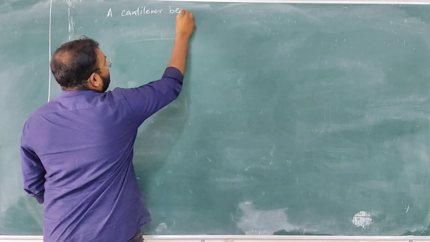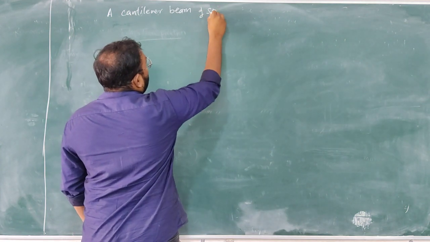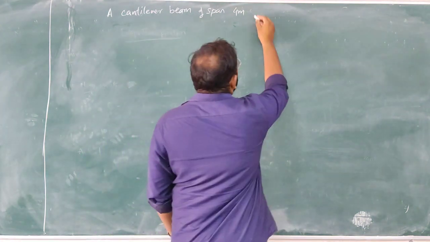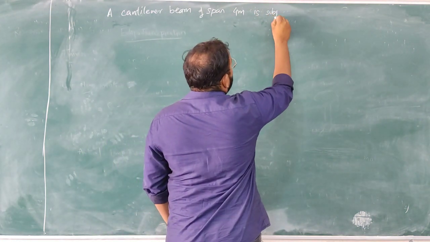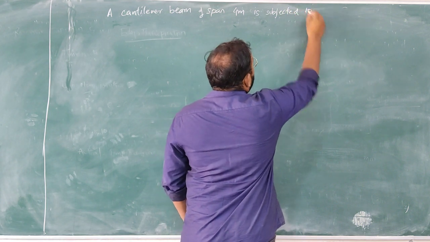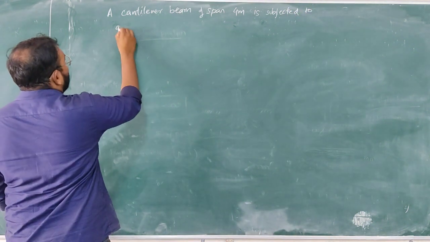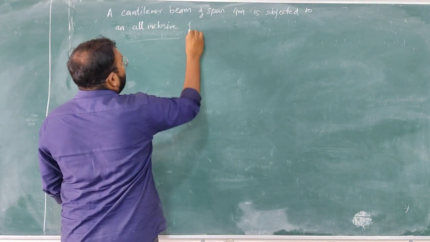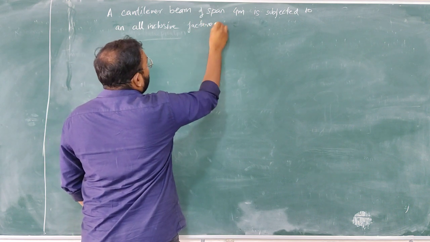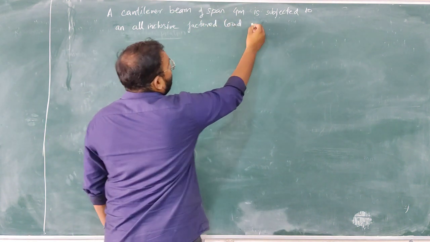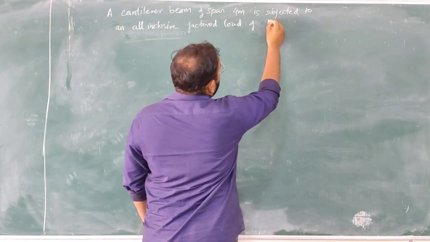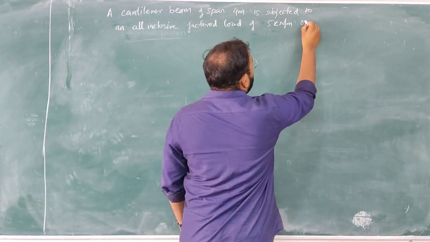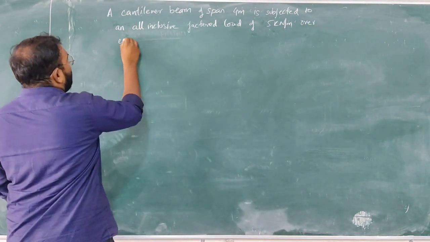A cantilever beam of span 4 meters is subjected to an all-inclusive factored load of 5 kilonewton per meter over entire span.